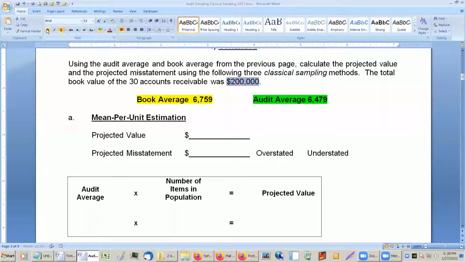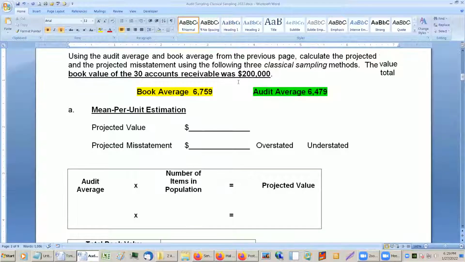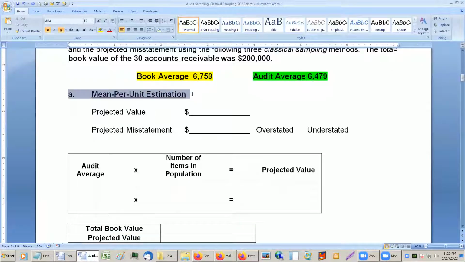That's how much the accounts receivable are. The book value of the accounts receivable is 200,000. We're going to try to see whether that is high, low, or whatever it is. So how do we take these two numbers and project those over the entire 200,000? There are actually three ways we're going to do it.